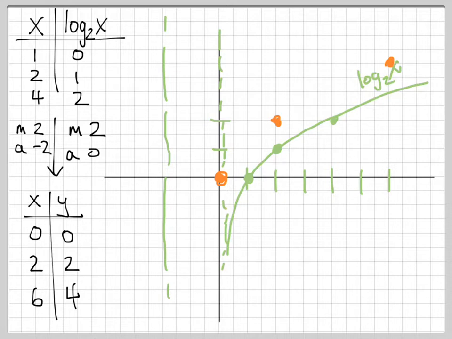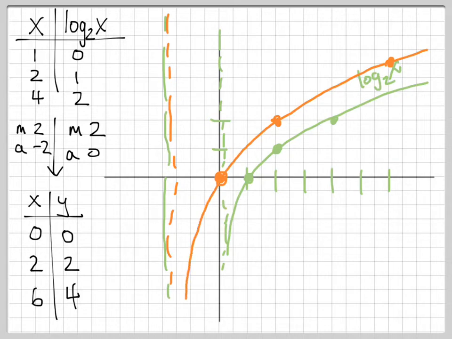Let me do that in orange. Has an asymptote back here, and so when you go to connect these points, you want to get closer and closer to that asymptote, and then here's the graph of y equals 2 log 2 of 1/2 x plus 1.